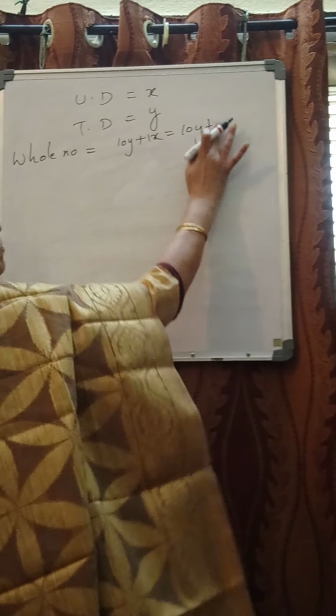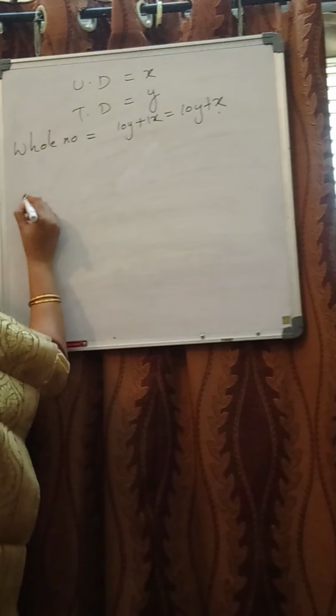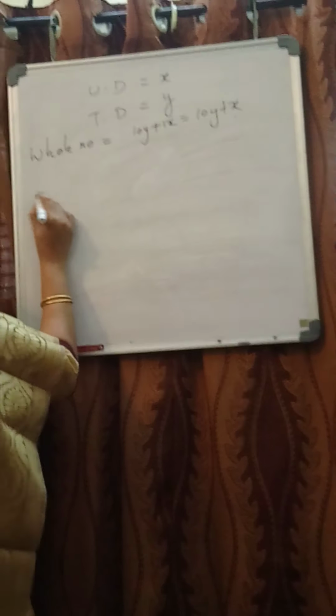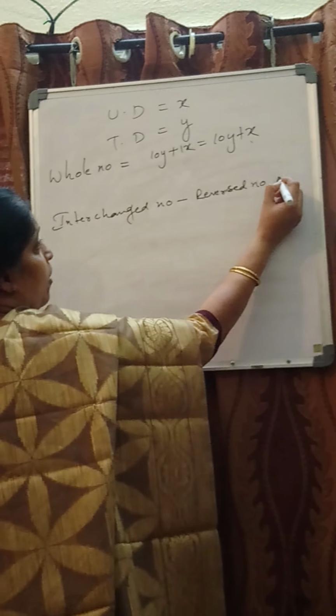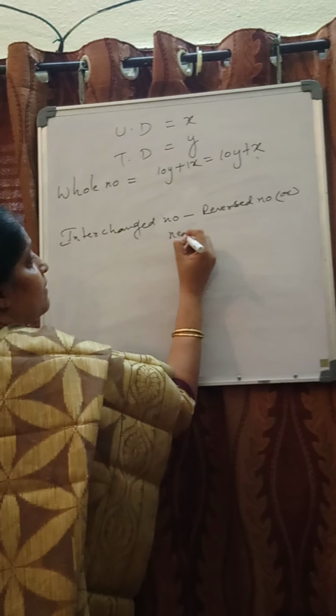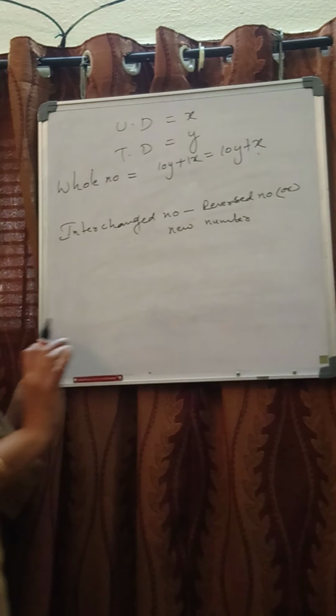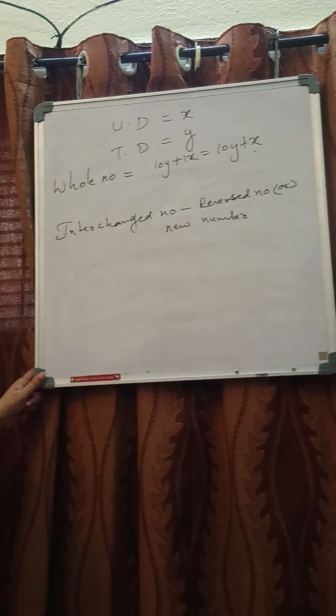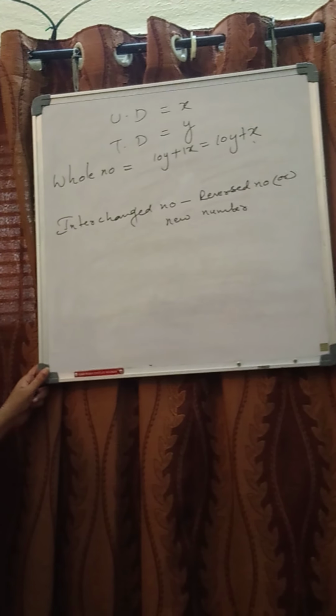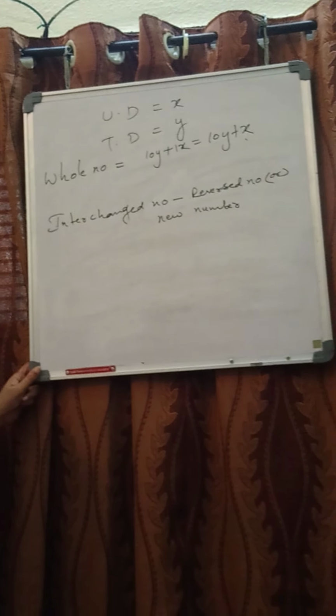Now, how to find the interchanged number? Interchanged number, reversed number, or new number give you the same meaning, children. Don't get confused. In one problem he will use either the word interchanged or reversed or new number.